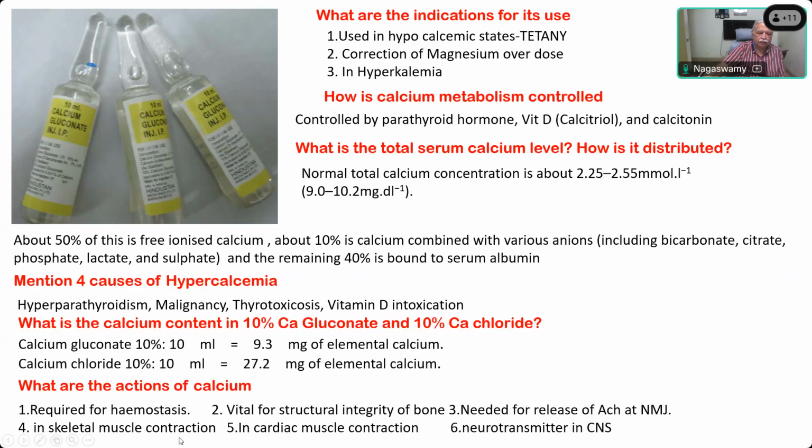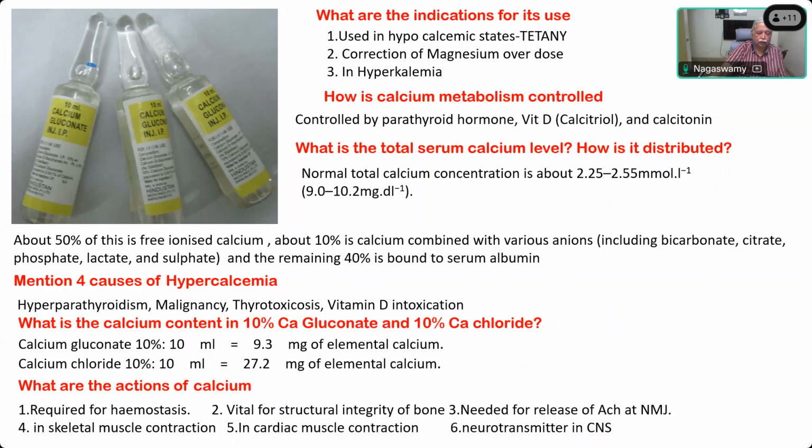And in skeletal muscle contraction as well as in cardiac muscle contraction, and as a neurotransmitter in CNS, which we saw earlier, alpha 7 nicotinic receptors allow calcium channel opening up in the brain. Okay, so these are the 6 important functions.